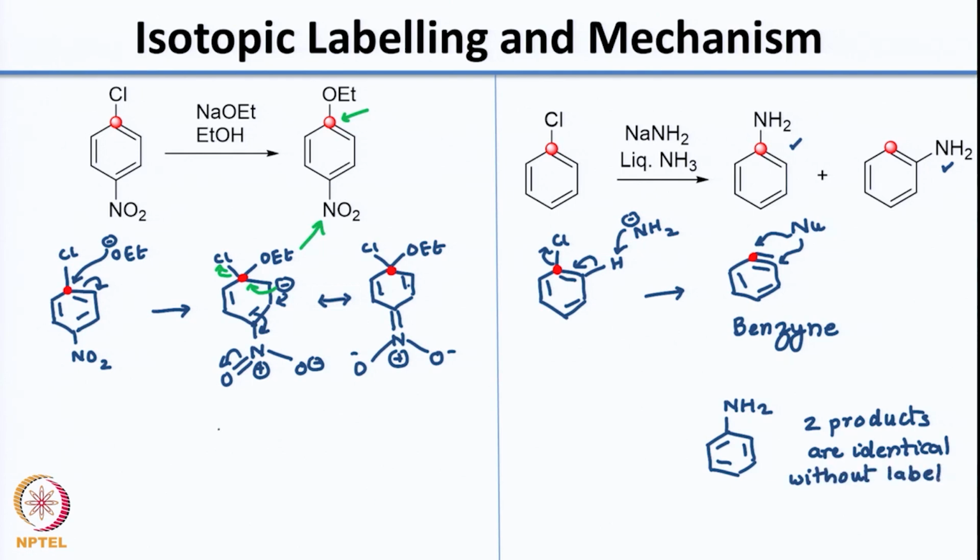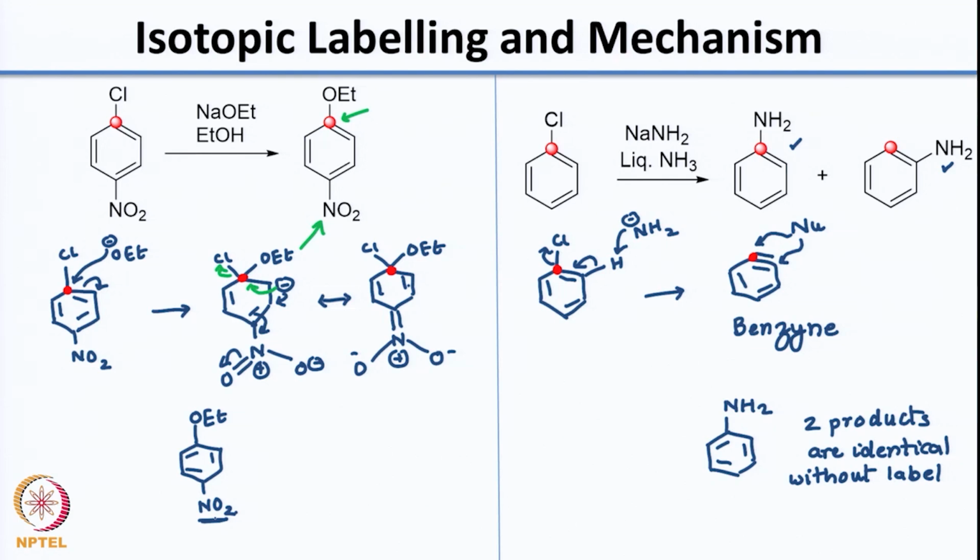And even in the first case, because you have the nitro group, you can still figure out the mechanism without the label, because the nitro group essentially acts as a place for you to determine what is going on.